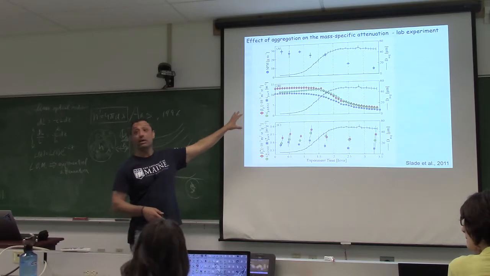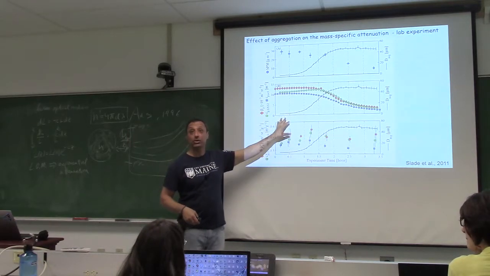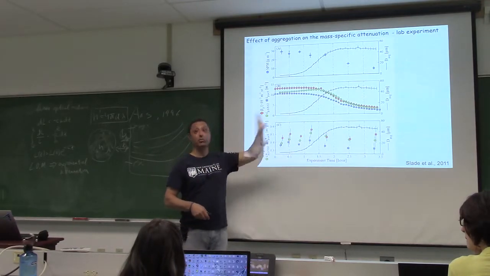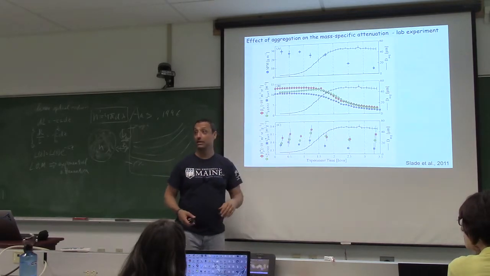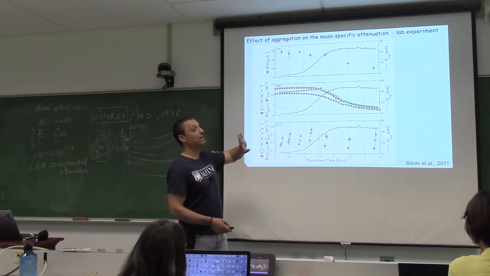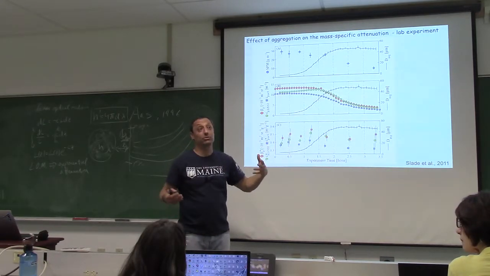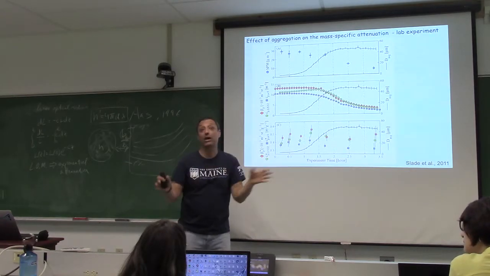And this is an effect that is not like aggregation in the ocean. This is completely artificial. You guys should do these experiments with cultures. You guys should do experiments just to affirm that indeed with natural materials you can get the same. This is completely artificial, except for the fact that we form aggregates. Whether these aggregates behave like aggregates in the ocean in terms of light, I hope.